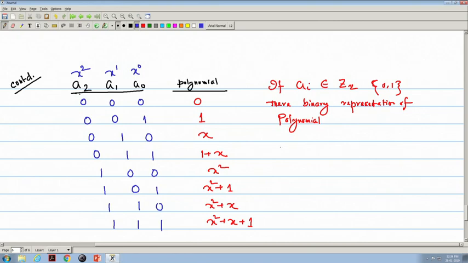So, x square plus 1 we can write as 1 into x square plus 0 into x, because the x term is not there, and 1. So, the binary representation is 1 0 1.